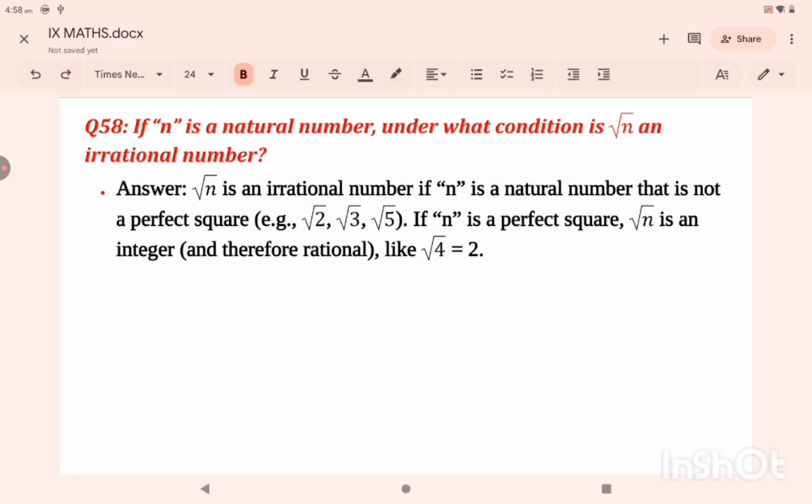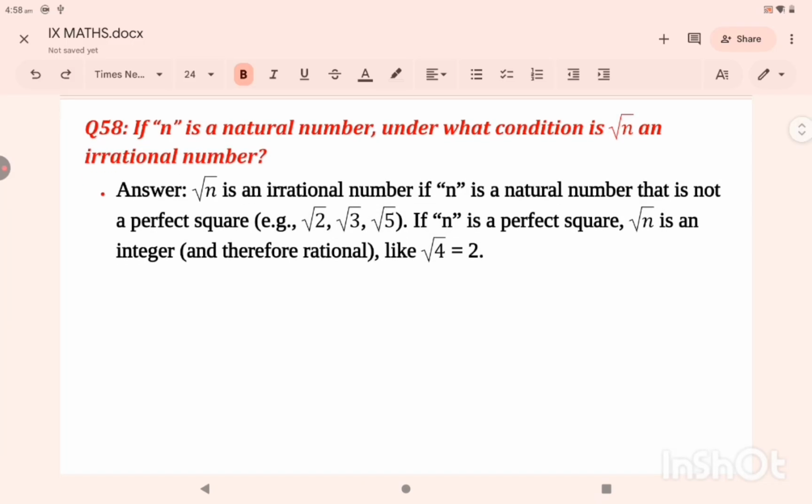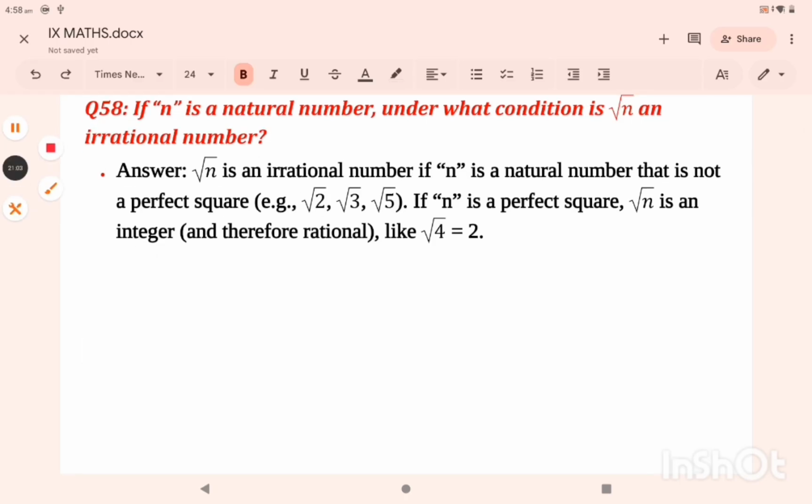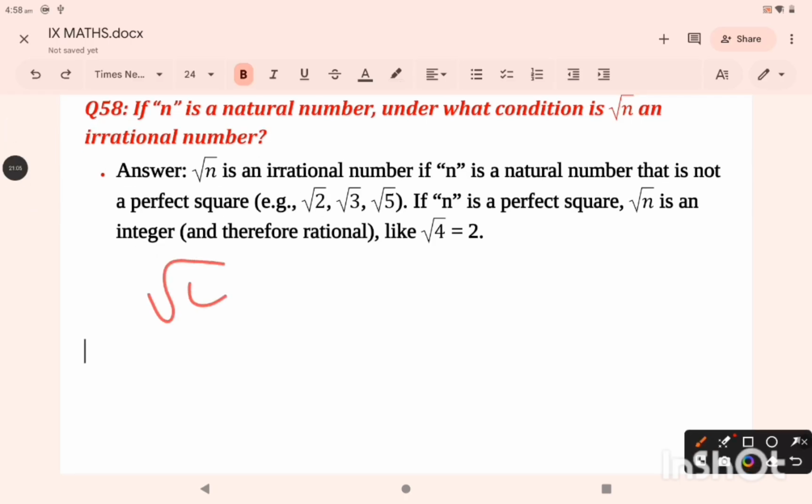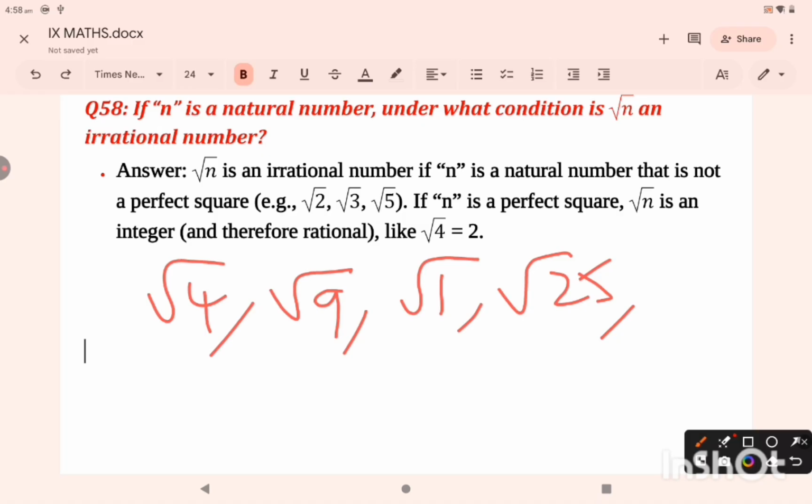So root 4, root 9, and also root 1, root 25, root 16, root 36, all these are rational numbers.